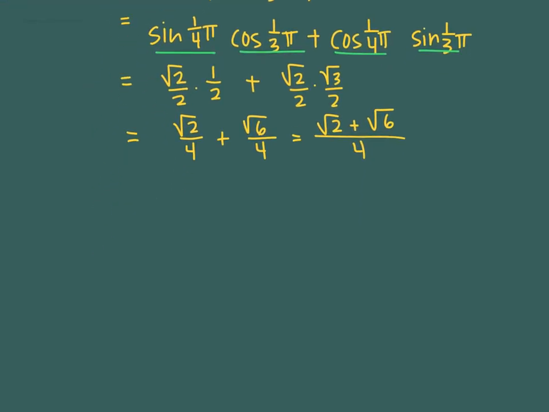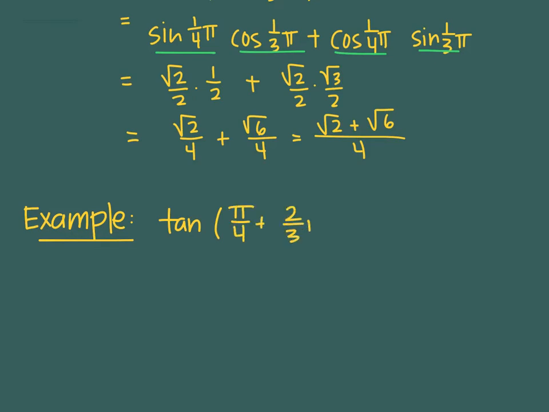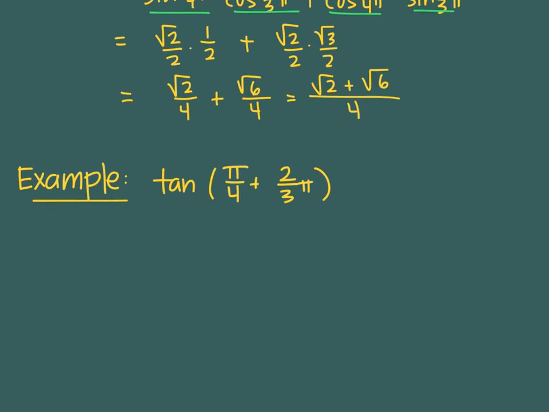All right, one more example. What do you have if you have to do the tangent of something, pi fourths plus, say, 2/3? Well, what do you do for that? We know that tangent is sine over cosine of pi fourths plus 2/3.